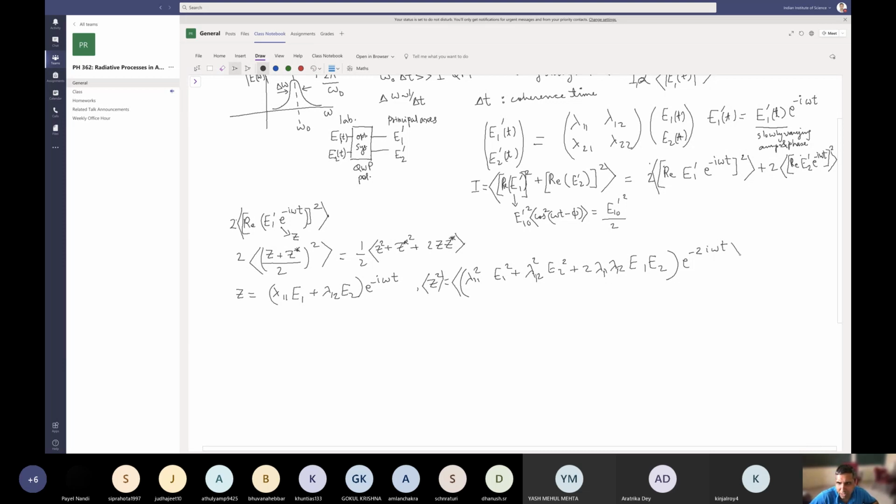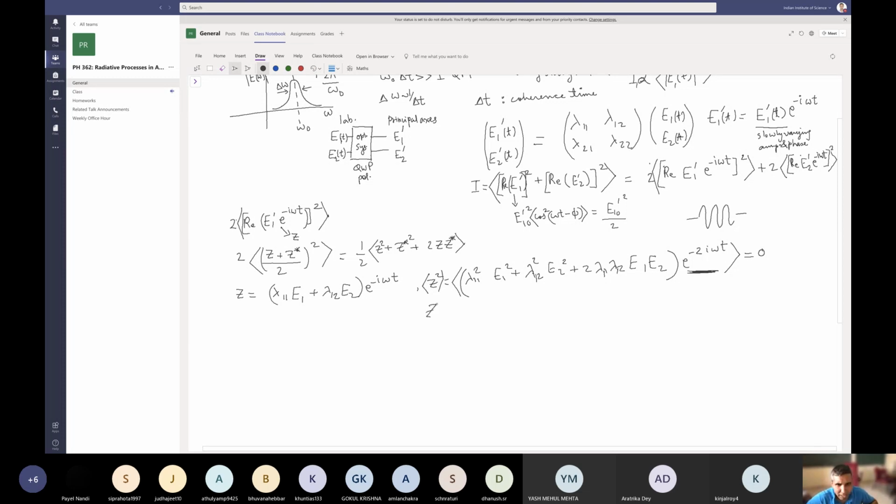If we do that, you see that this is the only time dependence, and this is fast time variation on the time scale of omega. So this averages to 0, because this is like cos 2 omega t. If you average cos 2 omega t over several periods, it averages to 0.